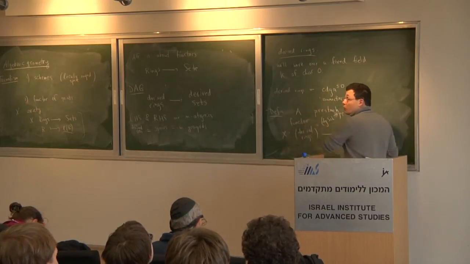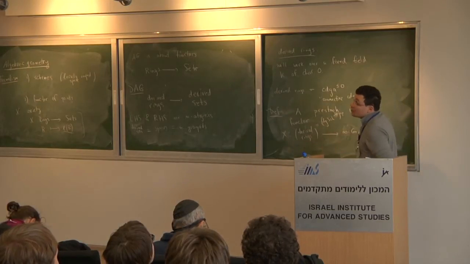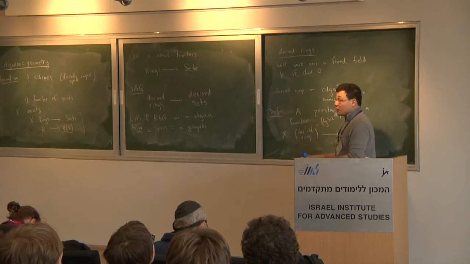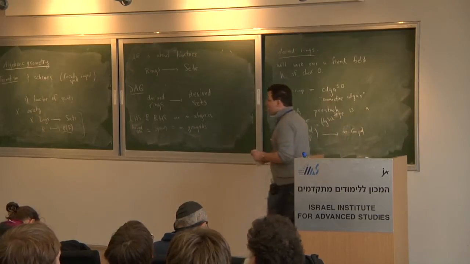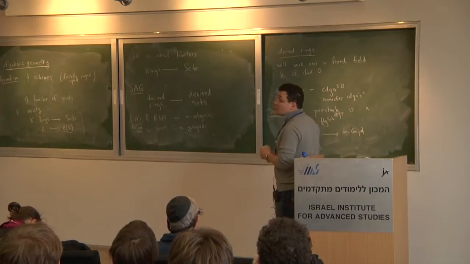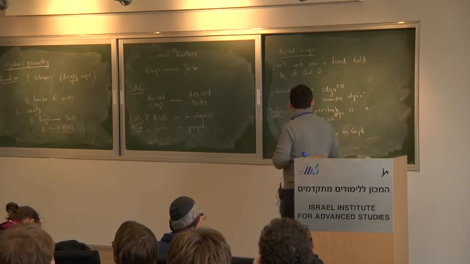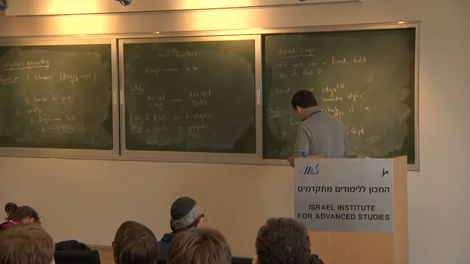I gave you a more explicit definition, but you can define a derived ring in this way. So indeed, it's more than just an analogy. What's the underlying set for a derived ring?